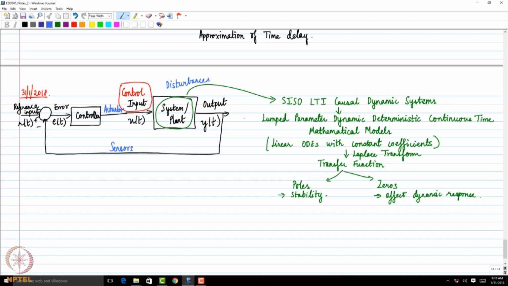Okay, so all these factors can come into play. So the same block diagram is what is called a closed loop control system with negative feedback, right? So once again, I'm just recapping whatever we have already discussed.